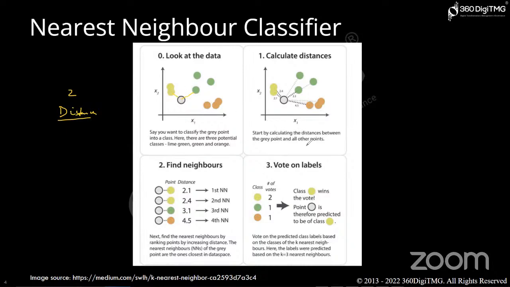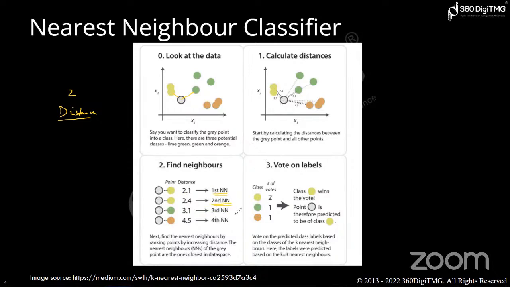So we start by calculating the distance between all the points and the gray point. If we consider the first nearest neighbor, or one nearest neighbor, we see that this is the one, so it will be yellow. If we consider 2 nearest neighbors, it is still yellow.